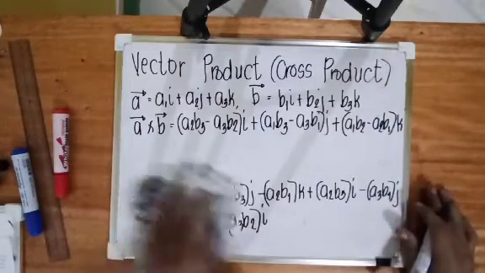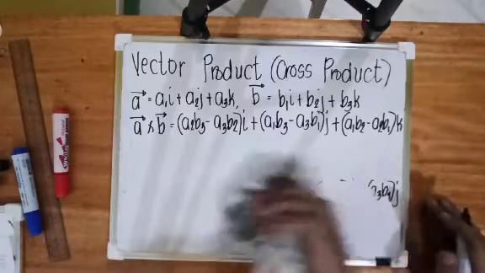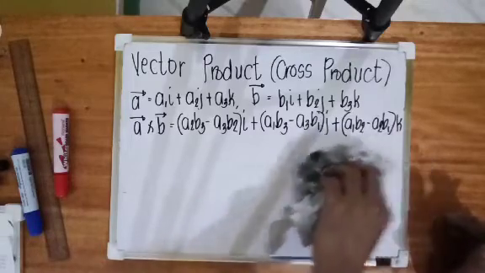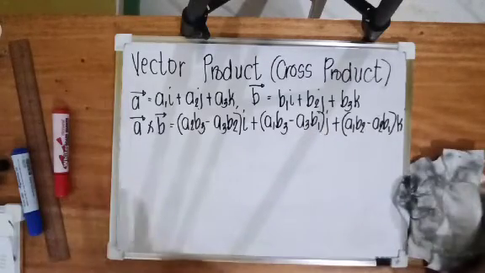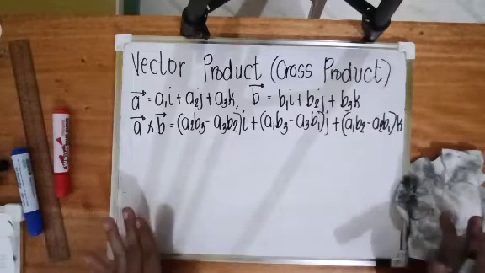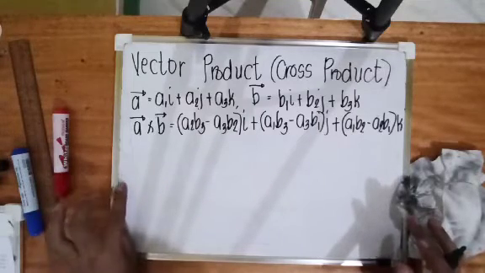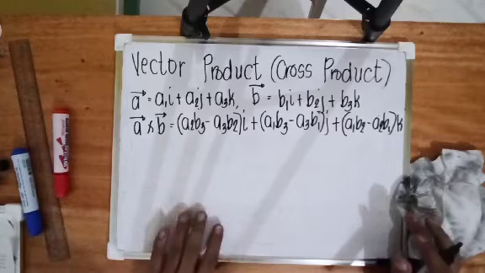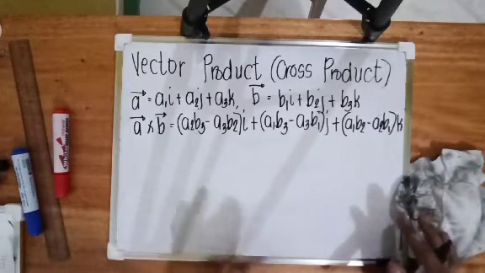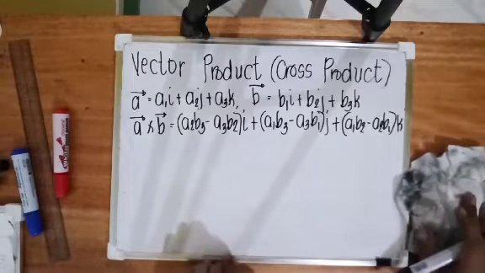And that's how you get the vector product of two vectors in the form of xi, yj, and zk. If you want to get the magnitude of the two vectors, simply use the scalar product, using the relationship A dot B is equal to A1 B1 plus A2 B2 plus A3 B3.